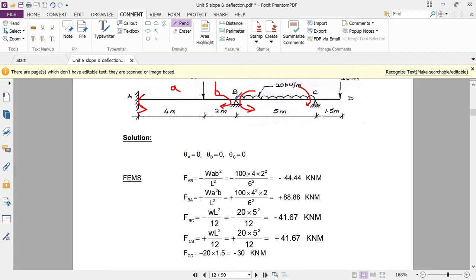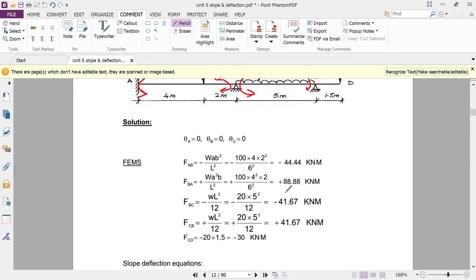Now the span BC has a UDL acting on the top. Therefore the fixed end moment formula is W L square by 12 for both supports. We only have to check the sign convention, and then write W L square by 12, W L square by 12. We put in the values and get the answer like this.